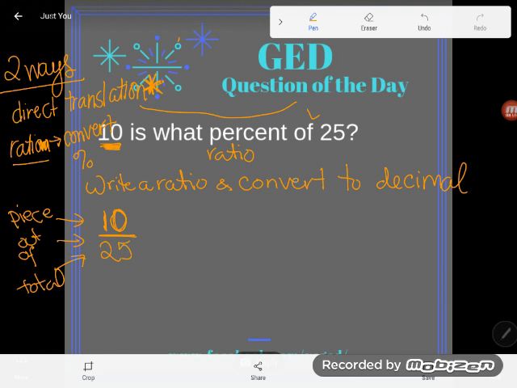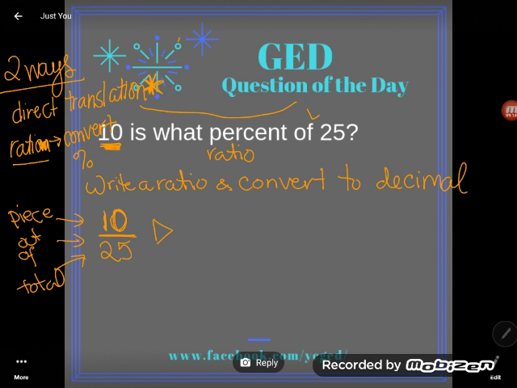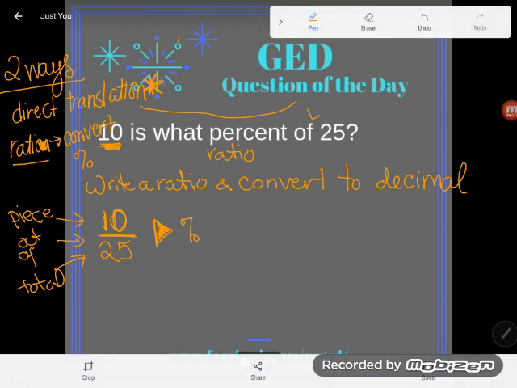So starting with this 10 out of 25 converting to a percent, and again, there's not one right way to do this, but since we're about to take our GED test with our TI-30XS calculator, I'm going to show you how to do it in a calculator. You can just straight up type in this fraction and then convert to a percent by using the arrow percent button. So now I'm going to type that into my calculator.